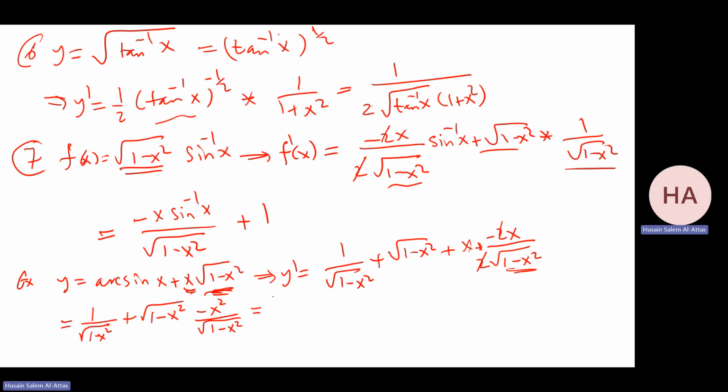So that will be 1 minus x squared over root 1 minus x squared, plus root 1 minus x squared. This is what? I can write, simplified, that gives me over root 1 minus x squared.